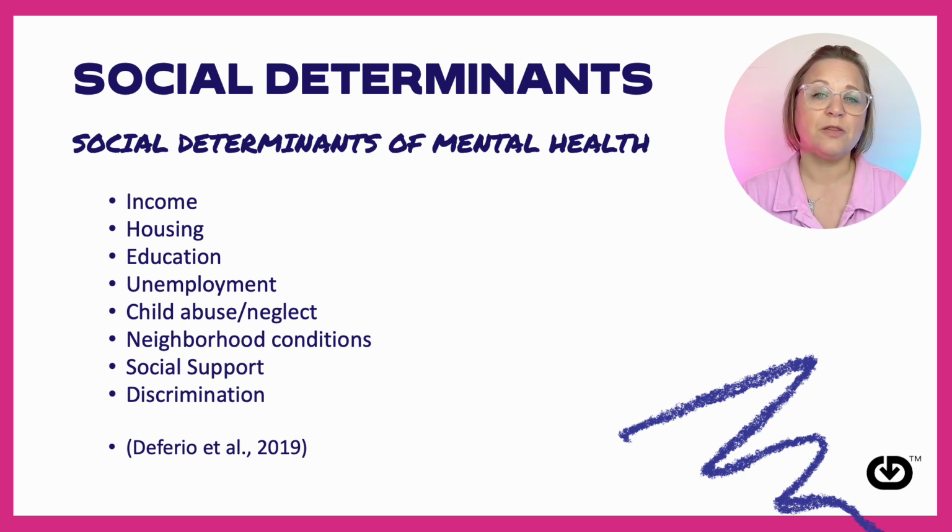And so patients with lower income, poor access to housing or no housing, low education, unemployment, history of abuse or neglect, having unsafe neighborhoods, lacking a support system, or patients facing discrimination or systemic racism are more likely to have mental illnesses and have poorer outcomes from those mental illnesses.